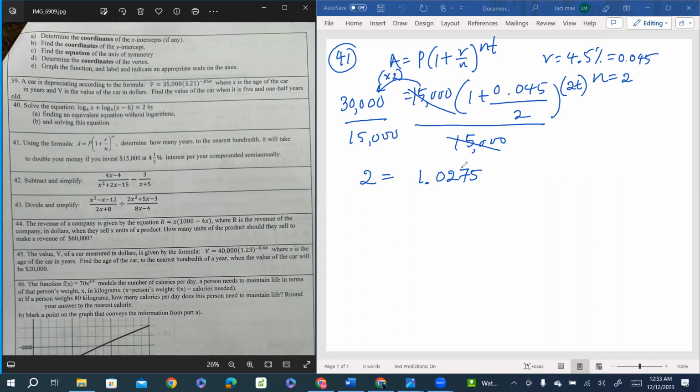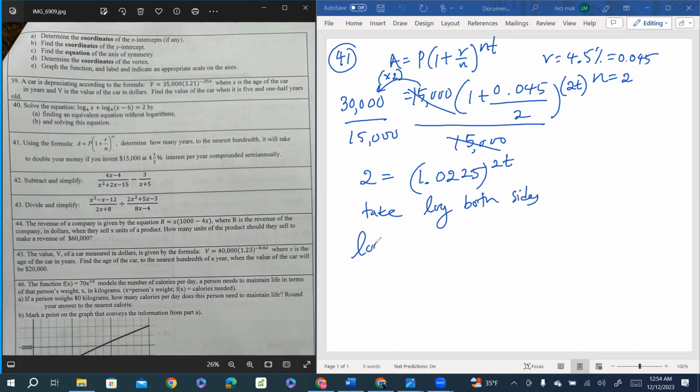No, that's incorrect. So let me just erase that. It's 1.0225, to the power of 2t. Now you could take log of both sides or write this as a logarithmic function. I'm going to take ln of both sides, or log of both sides. Let me write that. Take log of both sides.